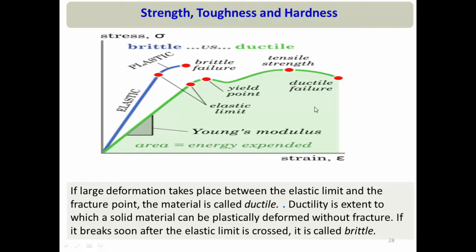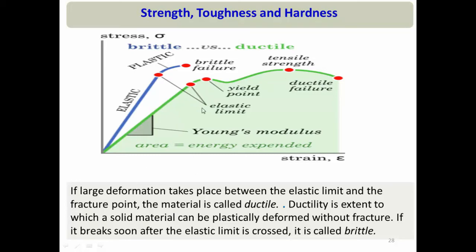So a tough material will require a much higher amount of energy before it fractures. So since this area is much less compared to this area, generally toughness is related with plasticity, and resilience is related with elasticity.